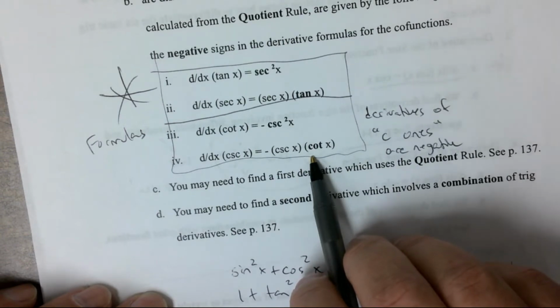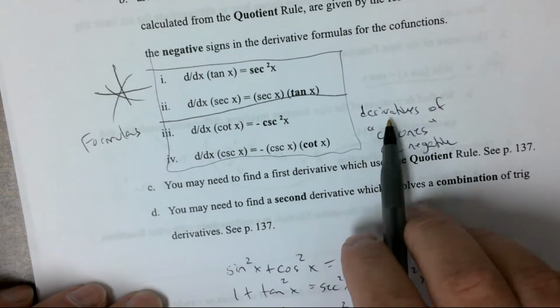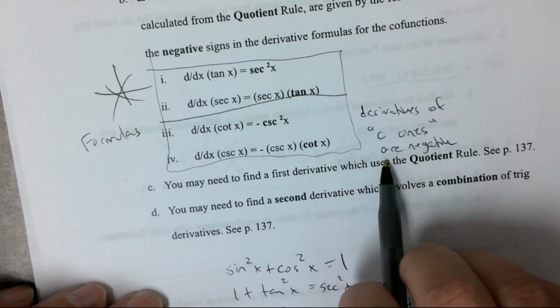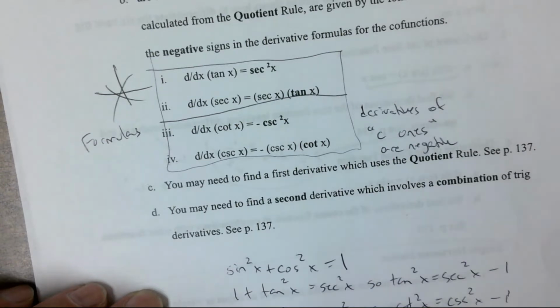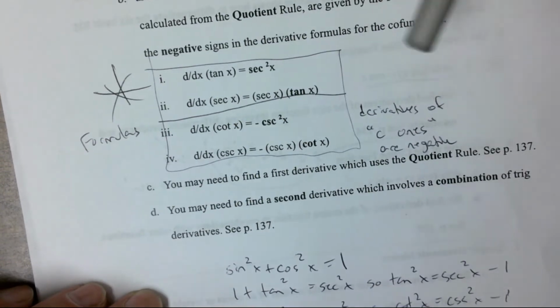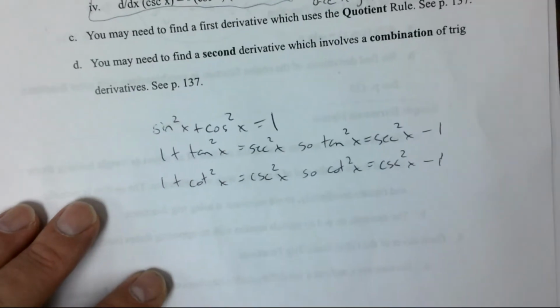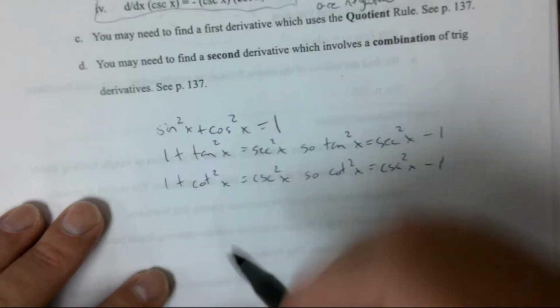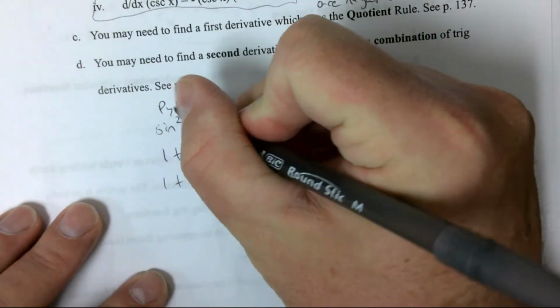Like I mentioned in the other video, the derivatives of the C ones are negative, whether it's cosine, cotangent, or cosecant. The other thing you're going to need to know for these upcoming problems is the Pythagorean identities.